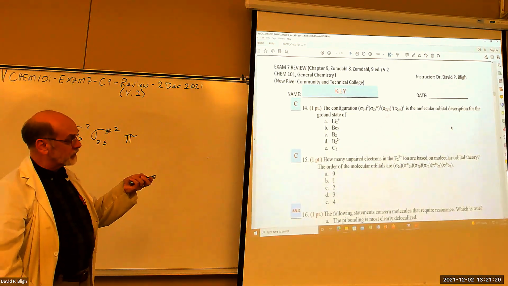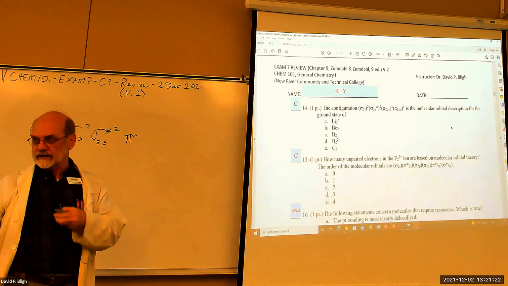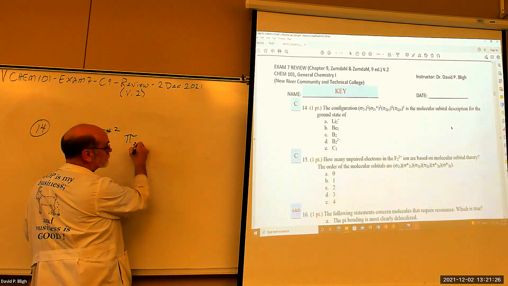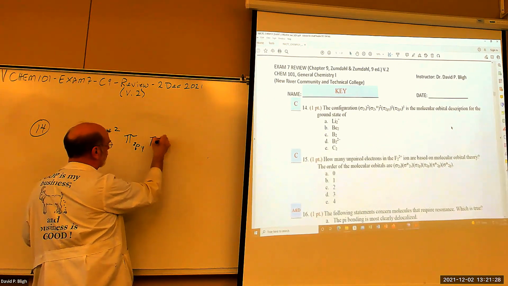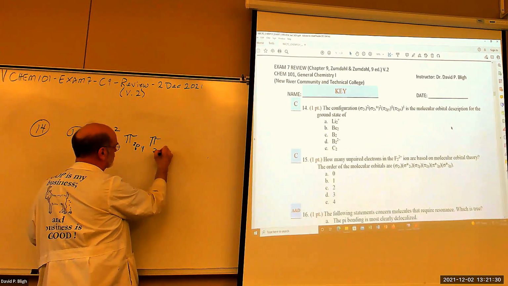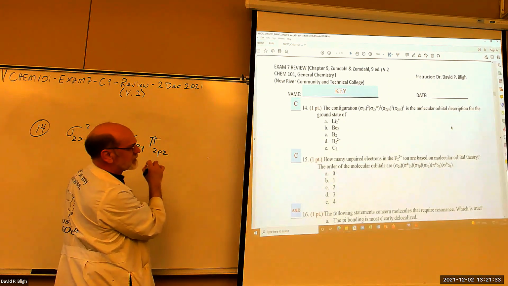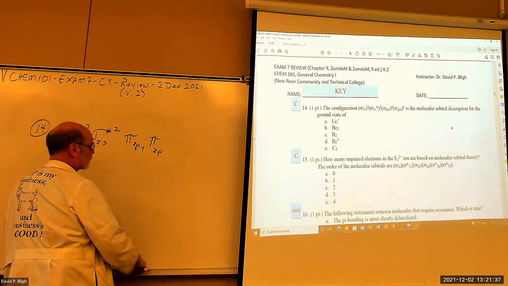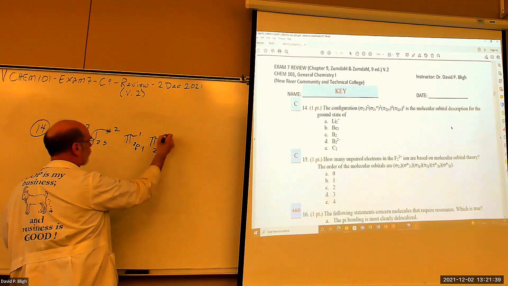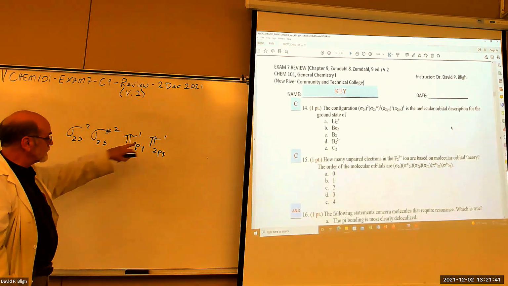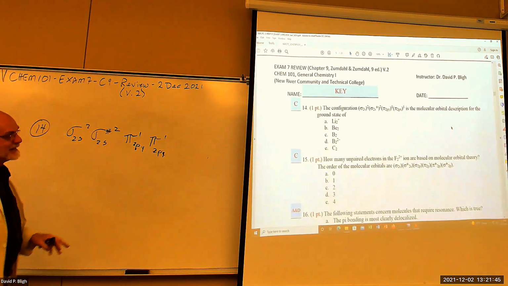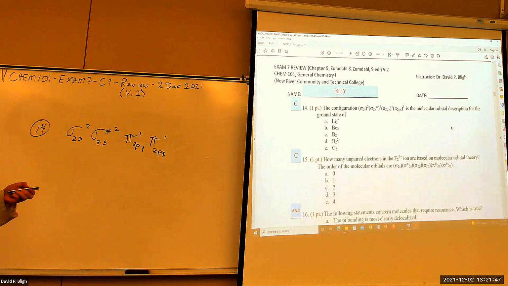So these 2 orbitals are degenerate. They're equivalent in energy. I'll just write it the way they have it, pi 2py and pi 2p. Oh, it says X. Be consistent. Okay, there's 1 electron each, so that means these electrons are unpaired.